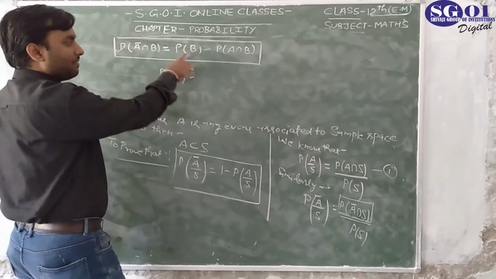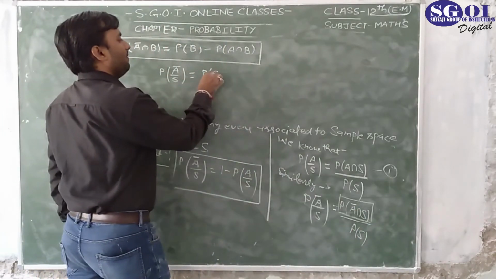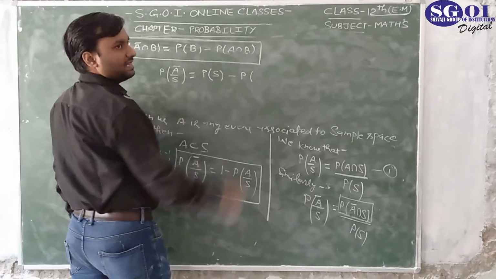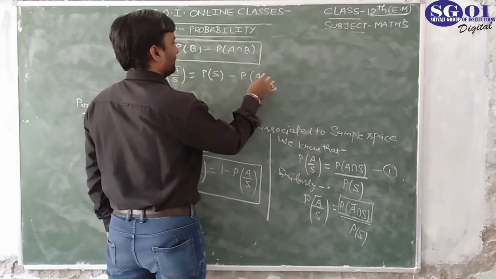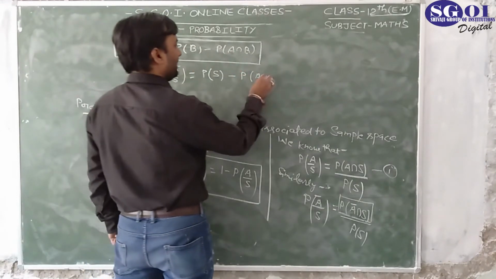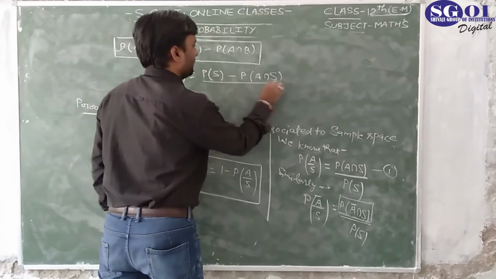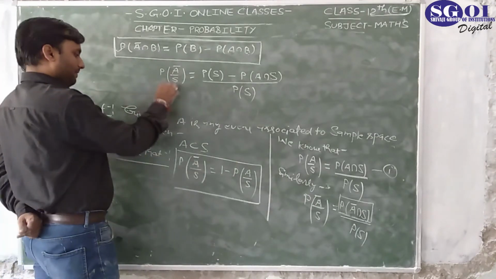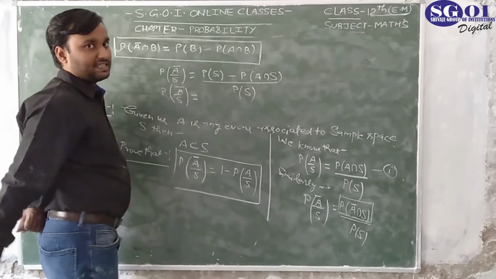The formula is probability of B. What is B? Probability of B means probability of S, minus probability of A intersection B. What is A? A means A, sorry, and B means S, upon probability of S. So probability of A bar given S is equal to, we will separate the denominator in each term.